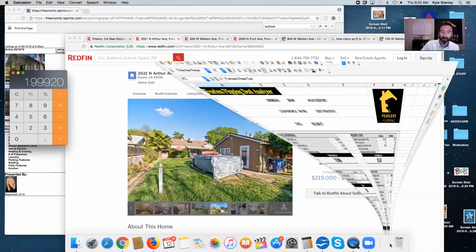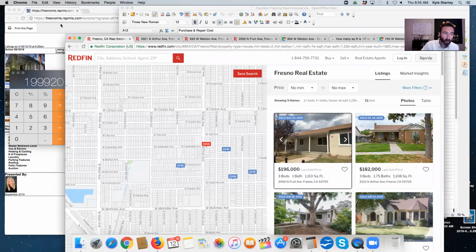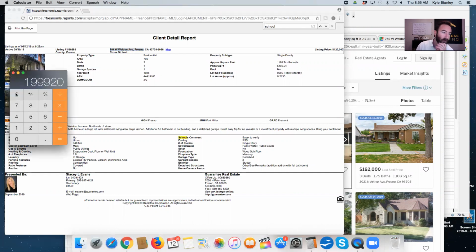So here's the deal. Once again, if we go back to our comp or our lead, we don't know how much this rehab is going to cost. So that's the only thing I can do right now for speculation: what is this rehab going to cost me? So my formula is basically take the square footage, 1176, multiply that by $20.